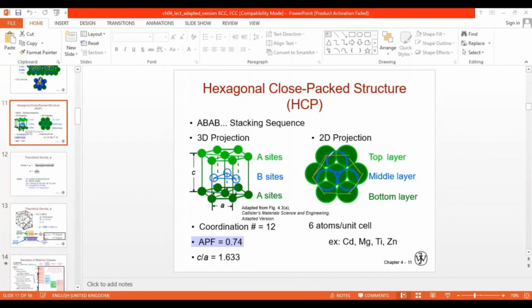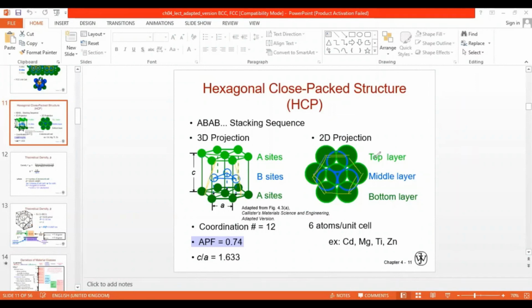This blue is in this face, this blue is in this face, and this blue is in this face, but all these are in the corner. Similarly, this blue is in this face. All right, so this is how the arrangement of the structure is.